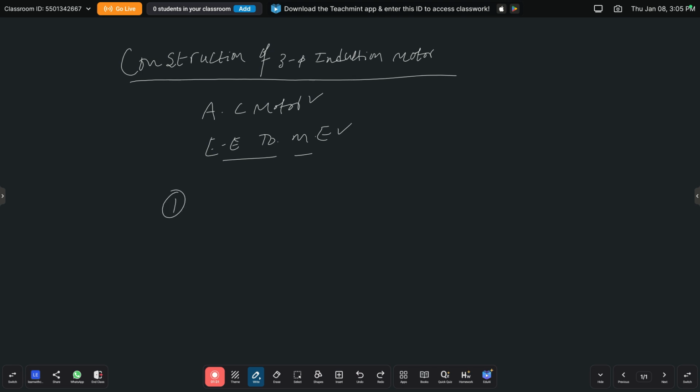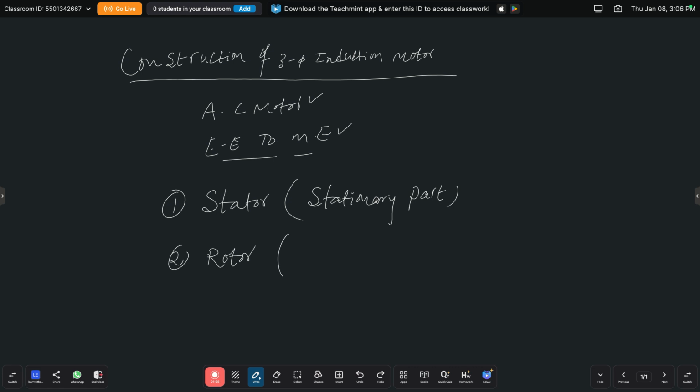First one is the stator. This is a stationary part. Second one is the rotor.